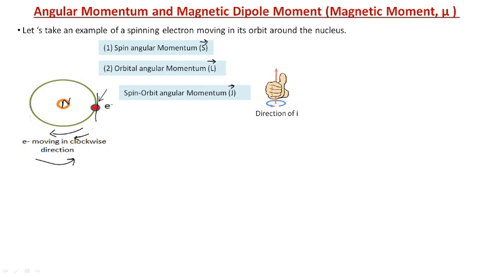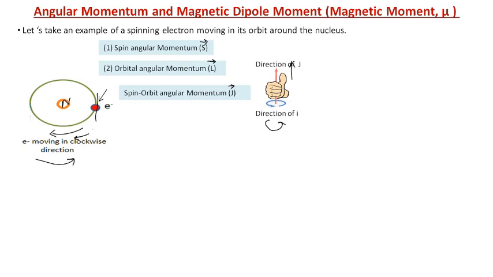Therefore, this anti-clockwise direction is the direction of the current. The direction of our thumb represents the direction of total angular momentum J.